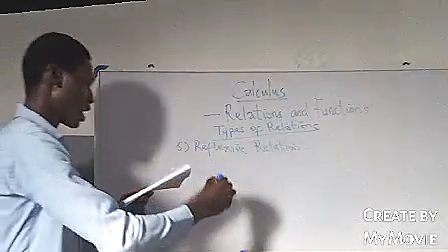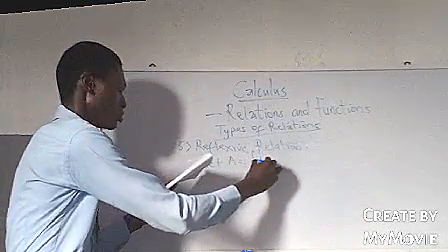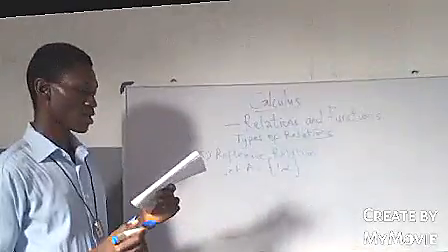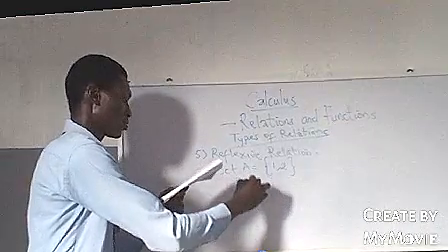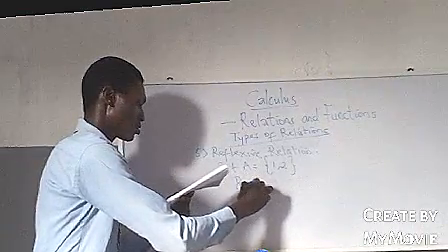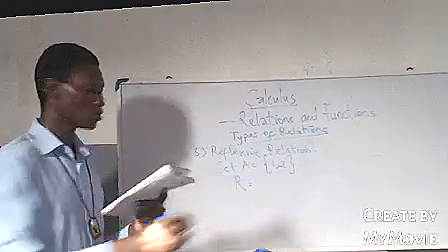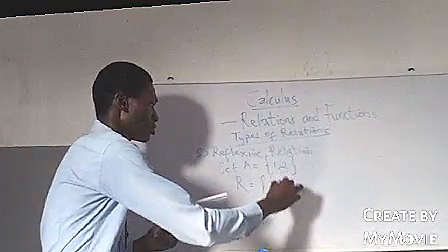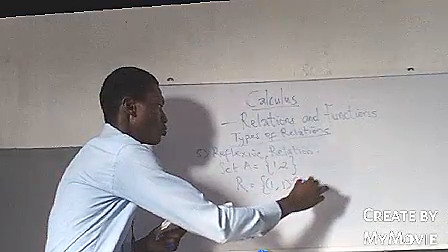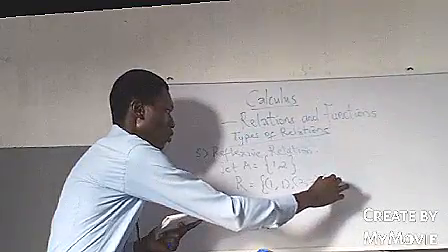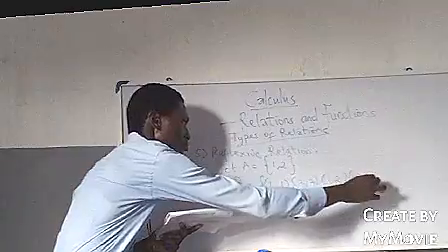So if we have a set A with 1 and 2, a reflexive relation would be 1, 1, 2, 2, 1, 2, and 2, 1.